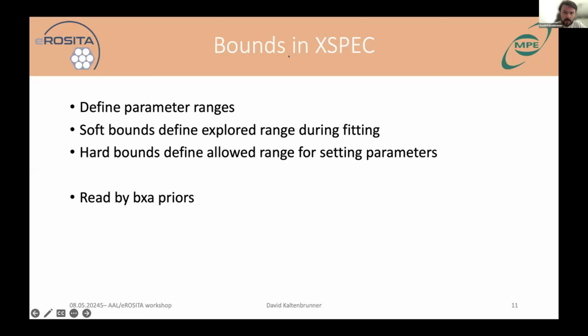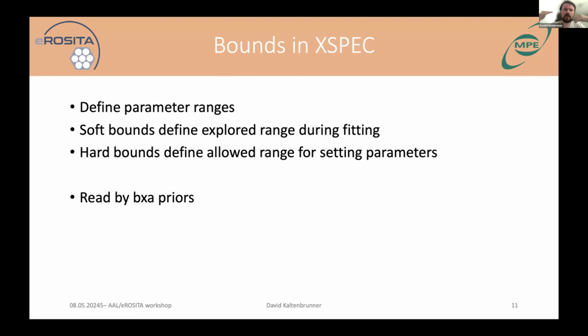The bounds in XSpec are such that they're soft bounds, which are used for the fitting inside of XSpec. So during fitting, the parameters won't go outside of the soft bounds. Additionally, there are the hard bounds. It's especially interesting to have them larger than the soft bounds if, for example, you want to be able to also set the normalization to 0.